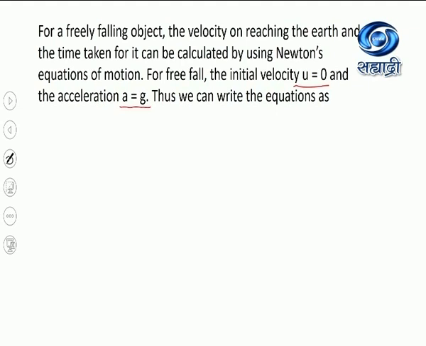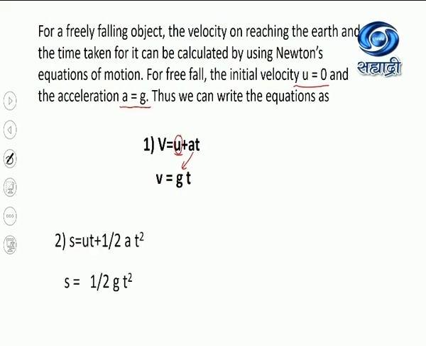Thus we can write the equations. I hope you remember all those three equations of motion. So first, v is equal to u plus at. Here u is 0 and instead of a, we put g. So the velocity is given by g into t.